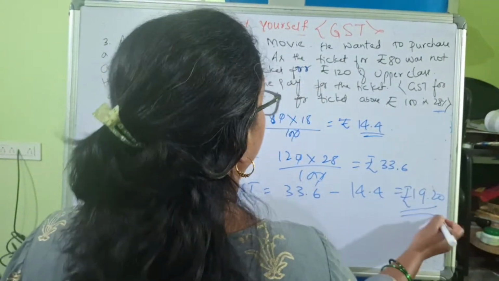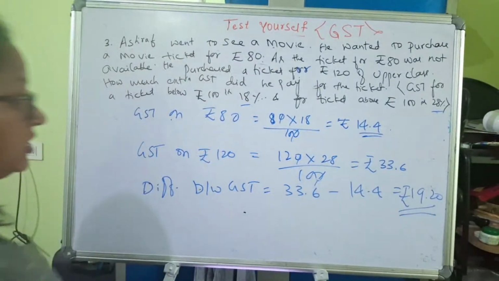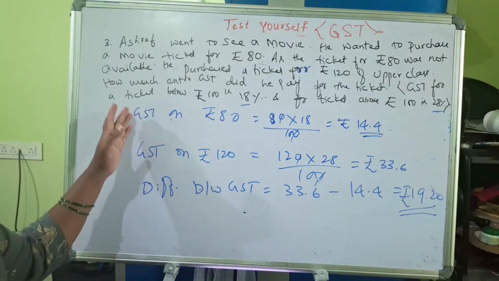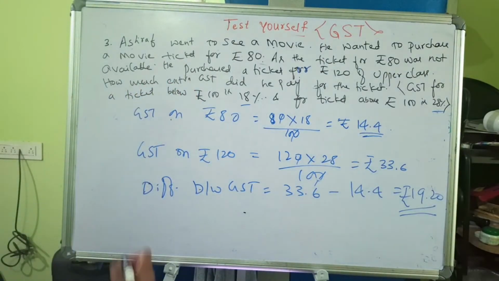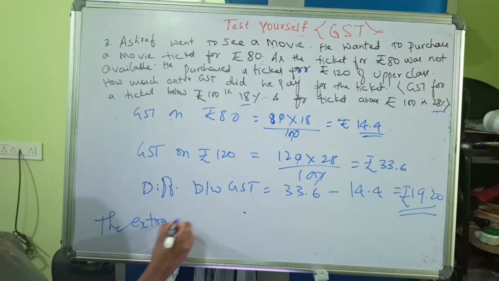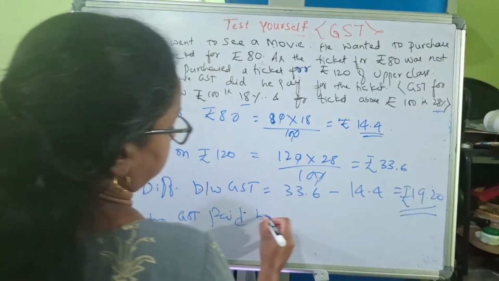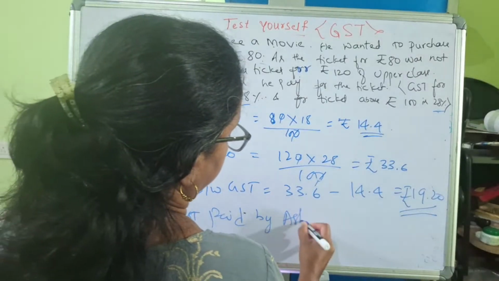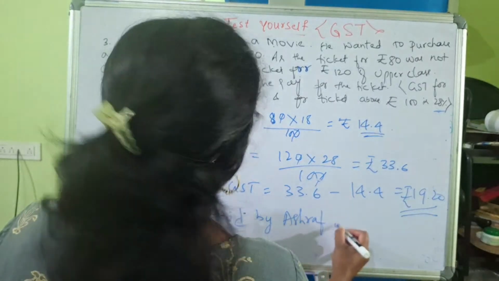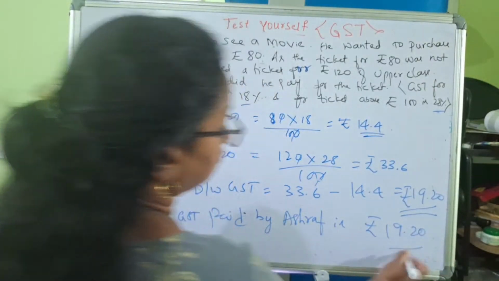So this is the extra GST paid by Ashraf. So the extra GST paid by Ashraf is rupees 19.20.